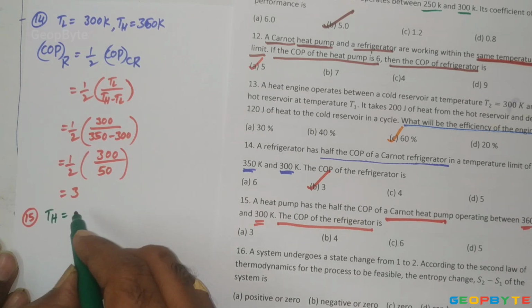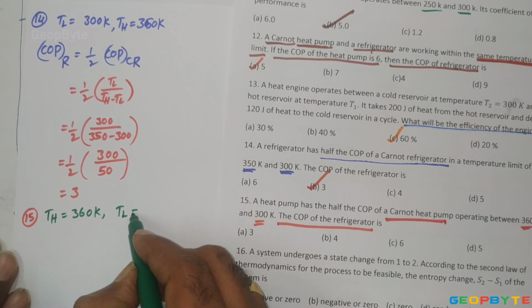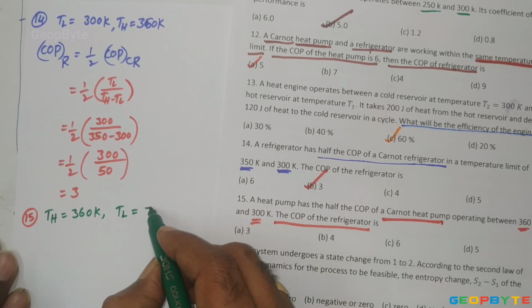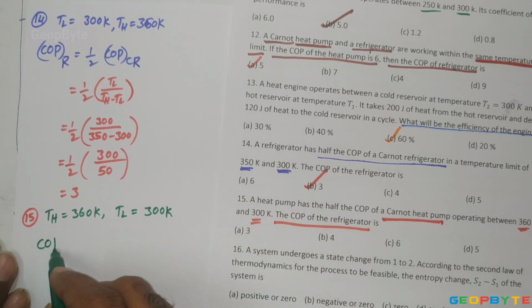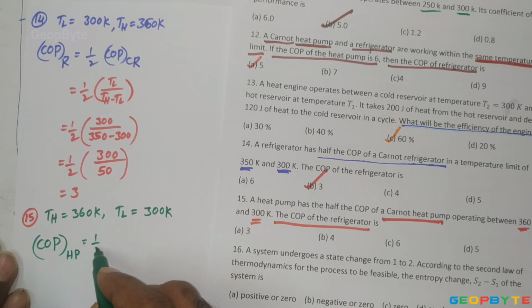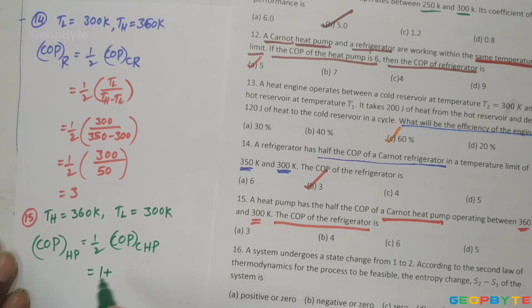Highest temperature equal to 360 Kelvin. Lowest temperature equal to 300 Kelvin. The actual COP of the heat pump equal to half of the COP of the Carnot heat pump.